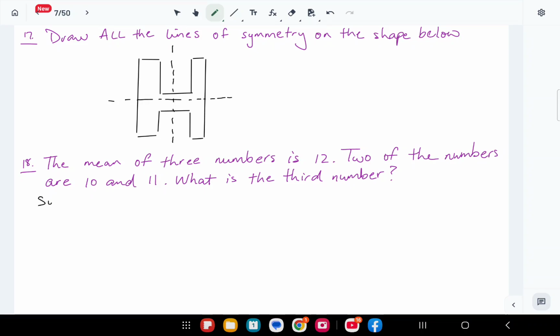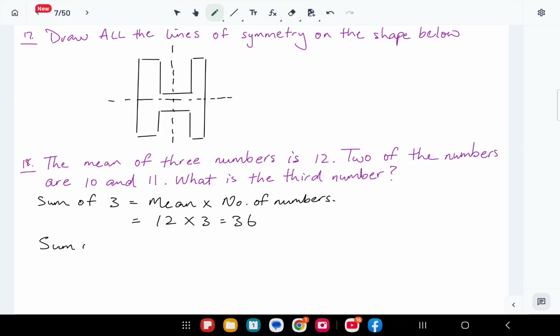So first we calculate the sum of the 3 numbers. To calculate the sum, we take the mean and multiply it by the number of numbers. So in this case, it would be 12 multiplied by 3, which is equal to 36. So when we add up all 3 numbers, we should get a total of 36.